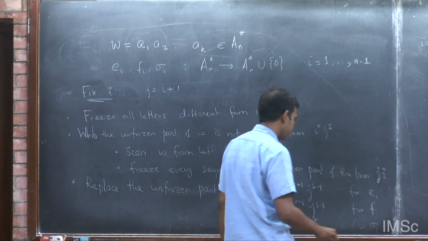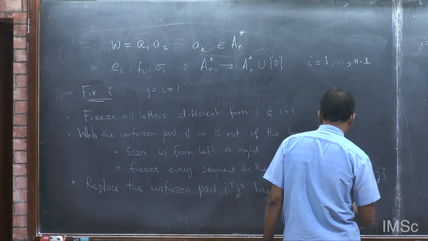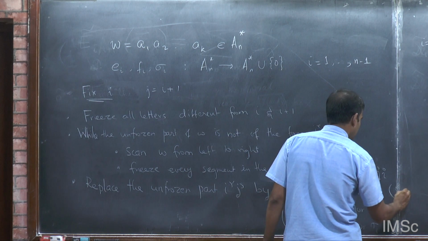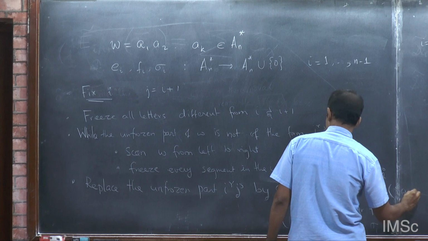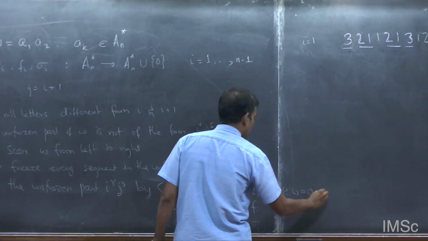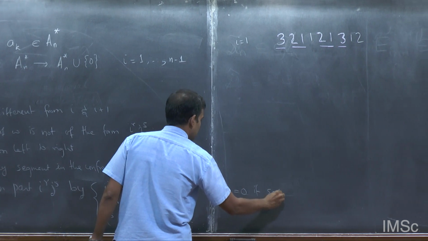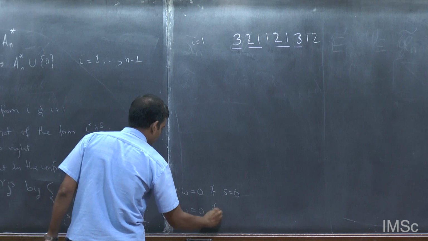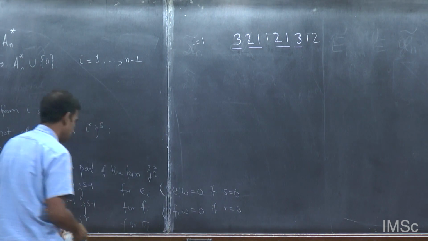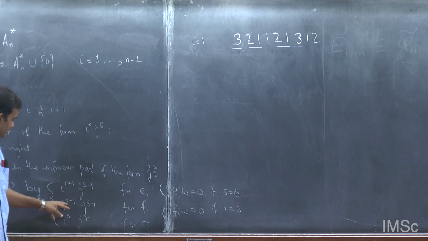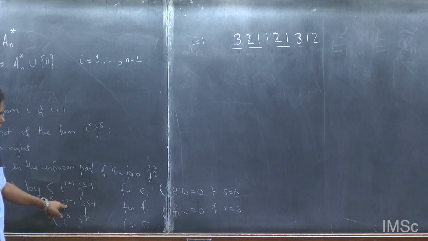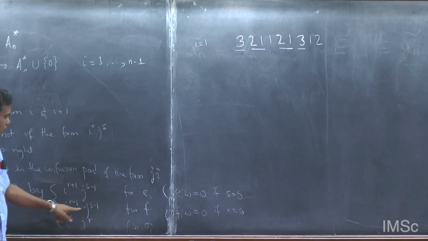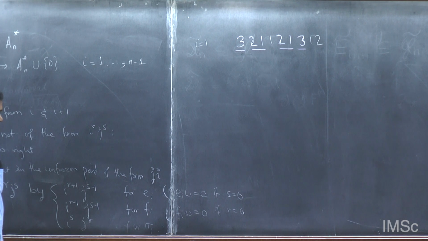So, E_i w equals 0 if s equals 0, F_i w equals 0 if r equals 0. So, that is another condition, that if r is positive here, then you can apply F_i, right, but if r is not positive, then you can never do this r minus 1. So, you just set it to be 0.